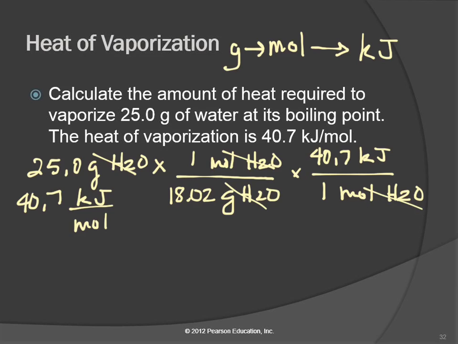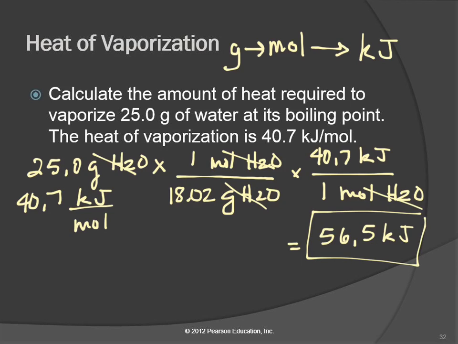So 25 divided by 18.02 times 40.7. That gives us 56.5 kilojoules. Any questions?